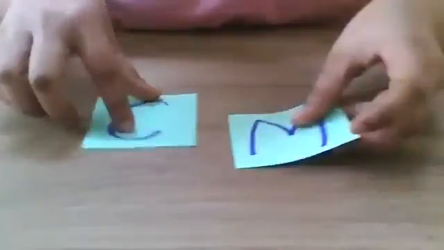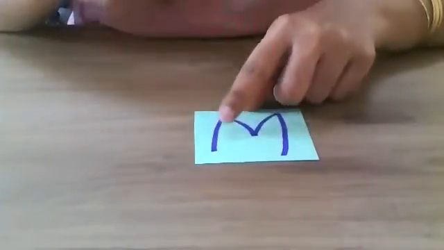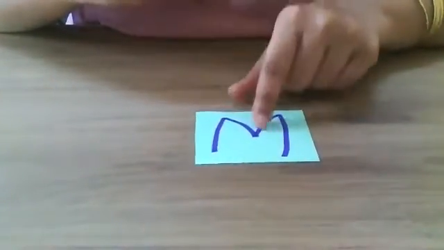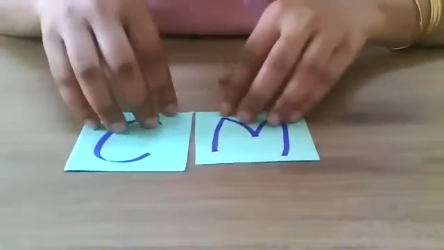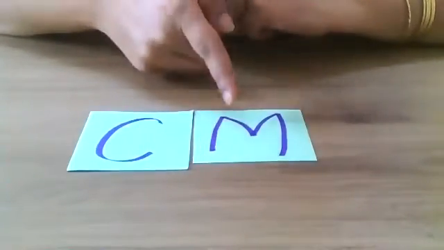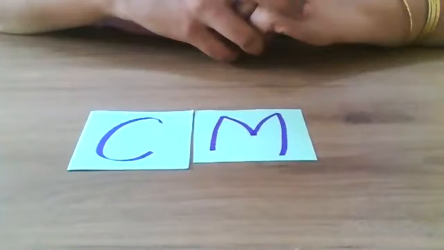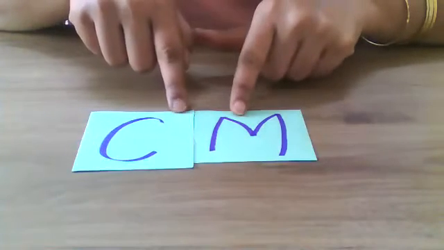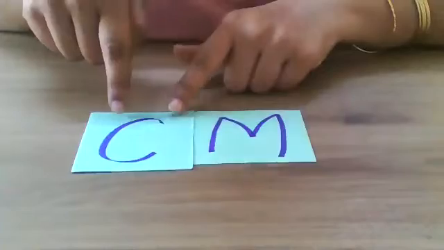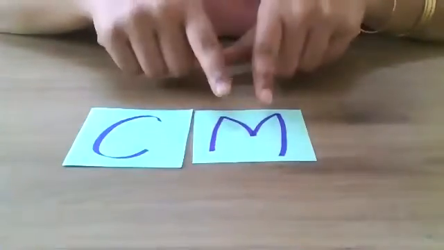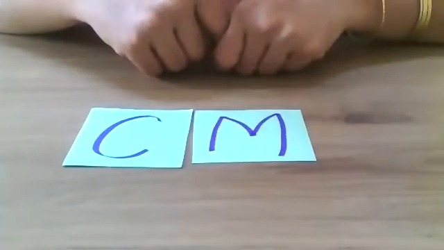Let me take the examples over here. Now M is my higher value over here, 1000. Let me put C before M. Now what is the number in front of you? I have put the smaller value letter before a larger value letter.